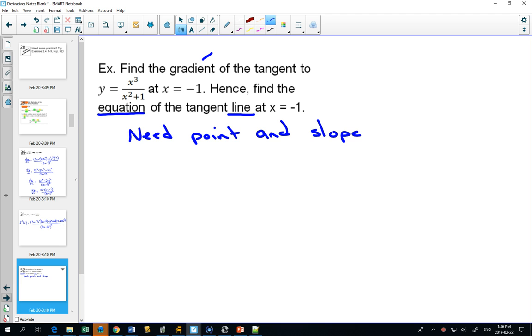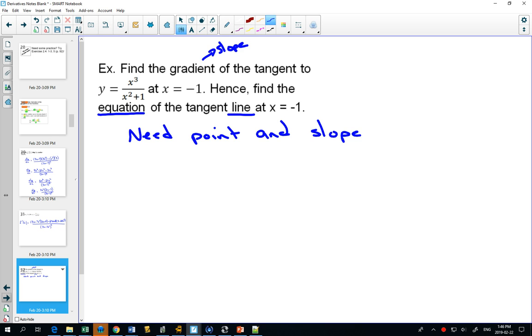Gradient is another word for slope. So it wants us to first find the slope of the tangent to that equation at x equals negative 1. And this is where we really have to understand, what does a derivative mean?